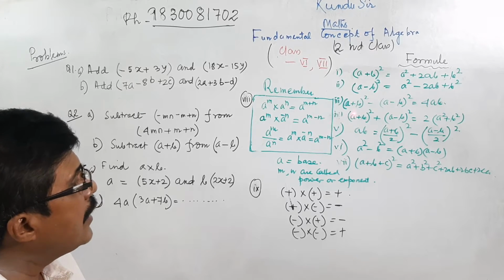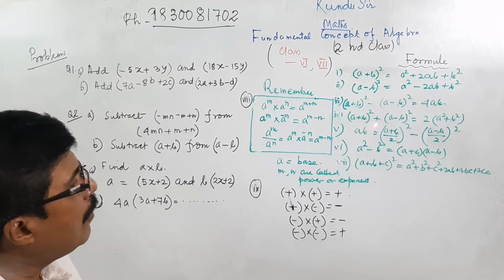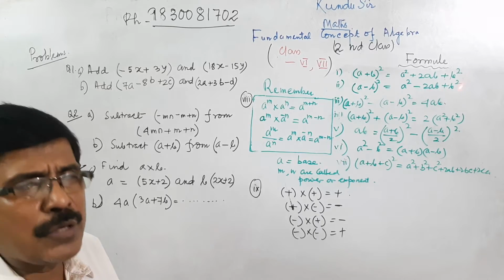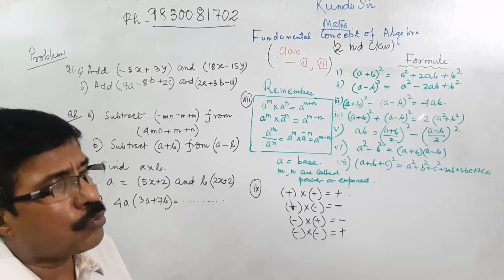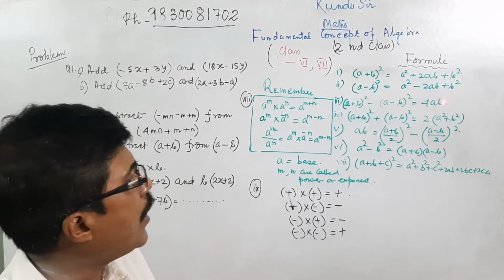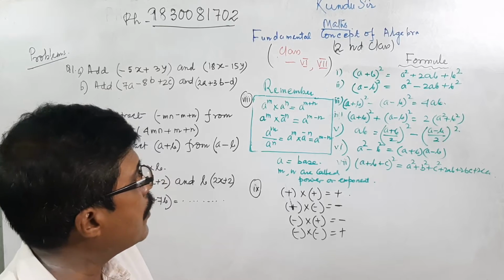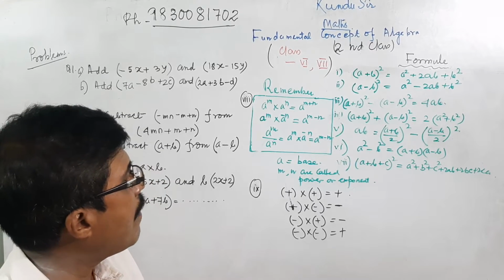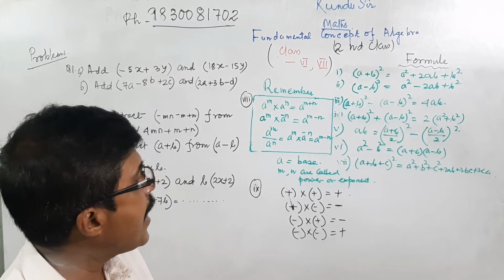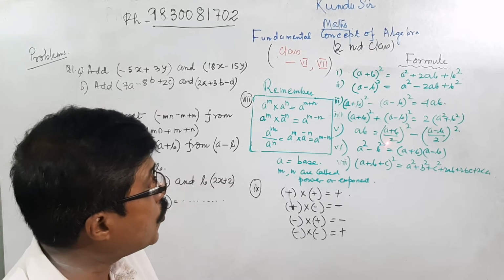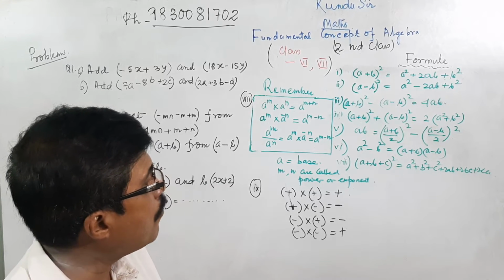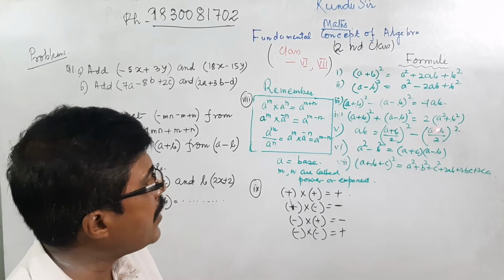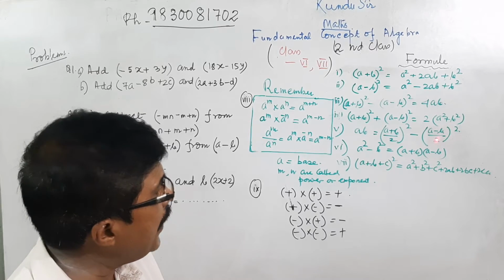Fourth formula: (a plus b) whole square plus (a minus b) whole square equals 2 into (a square plus b square). Now the fifth formula: ab equals ((a plus b) by 2) whole square minus ((a minus b) by 2) whole square.